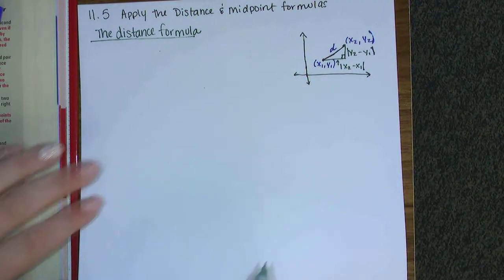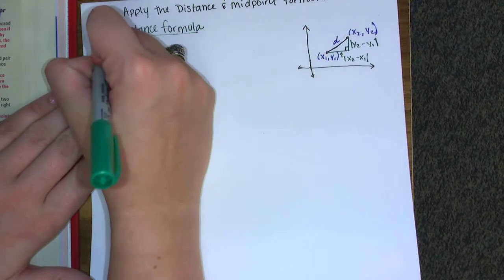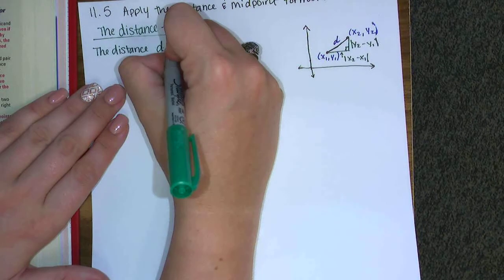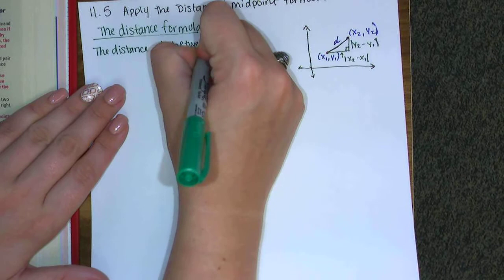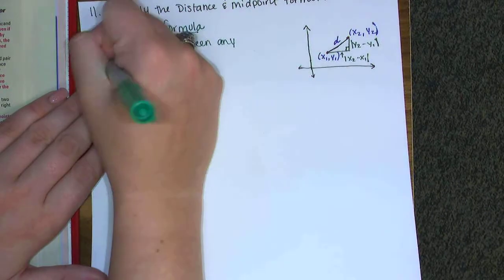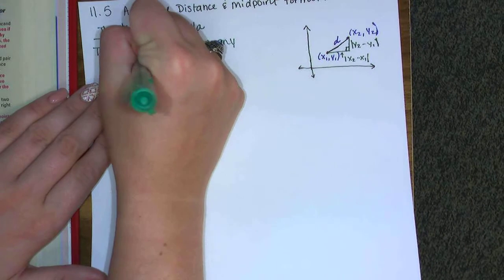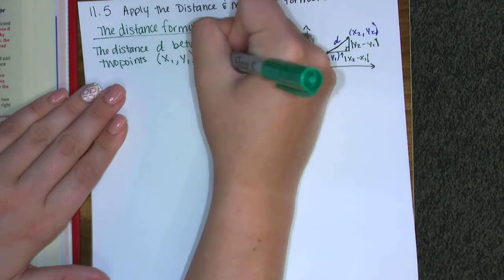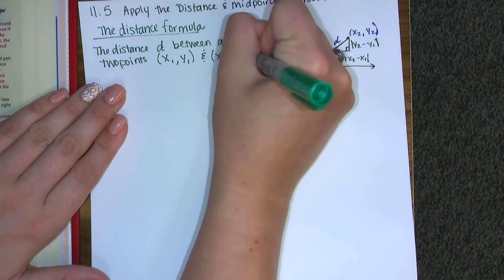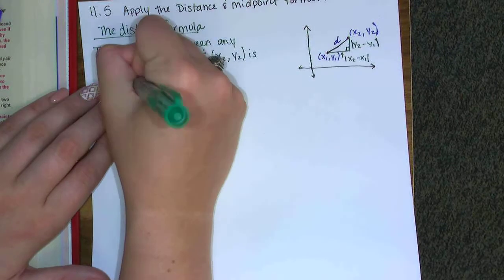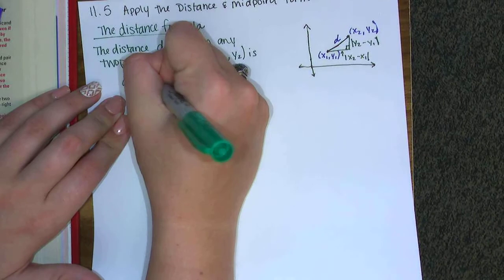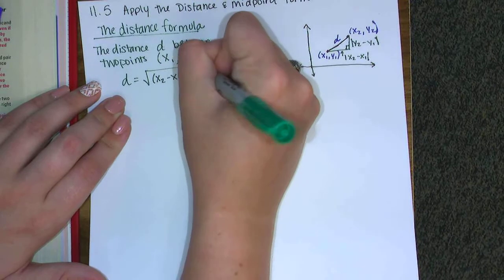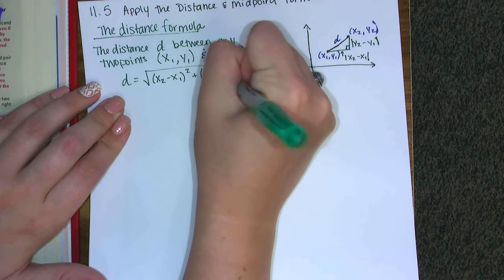So the distance d between any 2 points x1, y1, and x2, y2 is d is equal to the square root of x2 minus x1 squared plus y2 minus y1 squared.